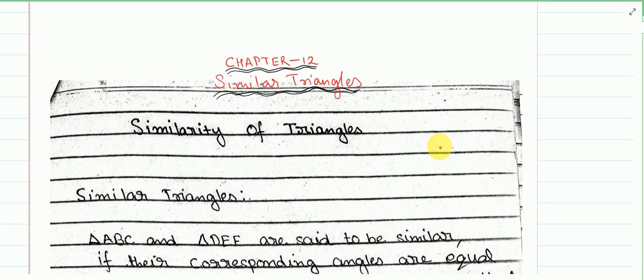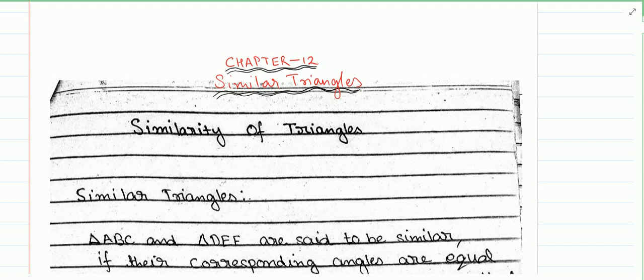In this chapter we will discuss and try to learn those conditions with the help of which you can say that triangles are similar to each other. Suppose you have been given two triangles and you are asked whether they are similar or not.